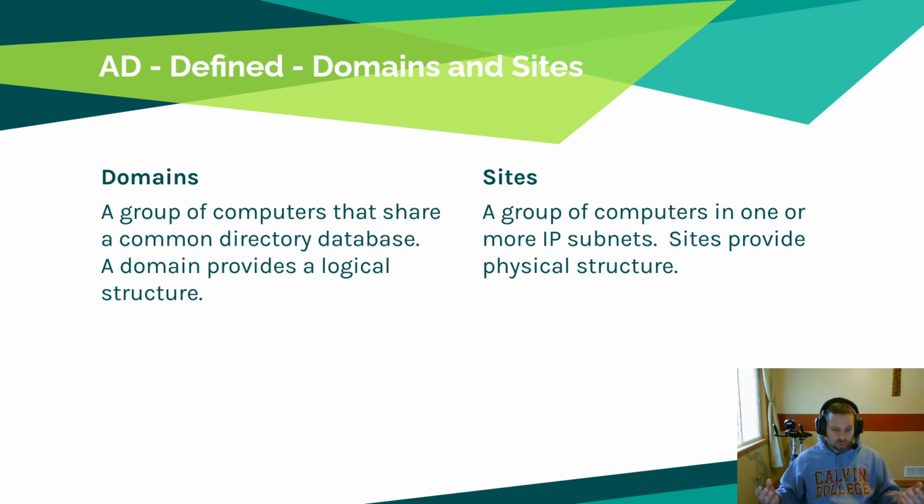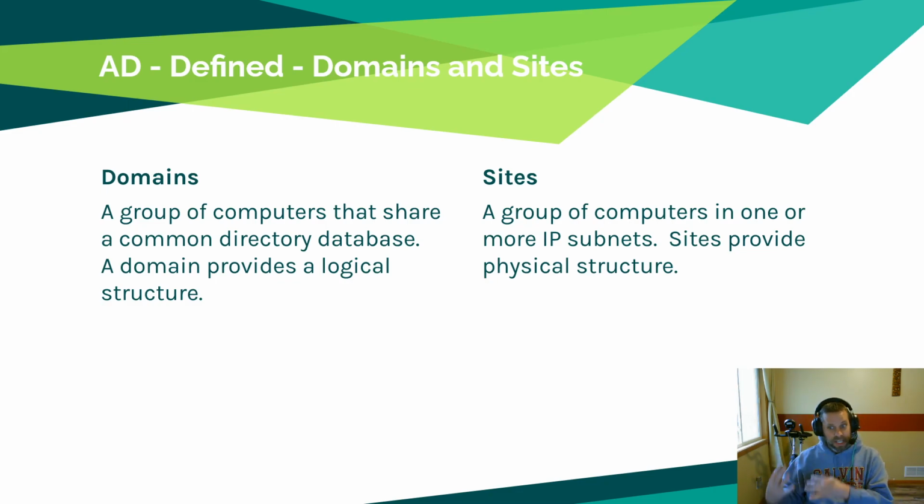I'm going to get them all to work together. They all belong to one organization. It doesn't matter if that organization is one building or one campus or five campuses or global, doesn't matter. But logically, all these computers need to work together and they want to share resources such as authentication, computer resources, file shares, printers, etc., etc. That domain will provide the logical structure.